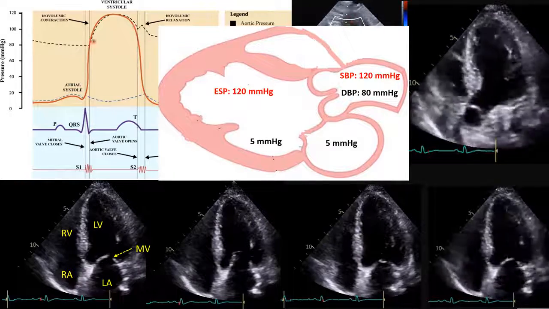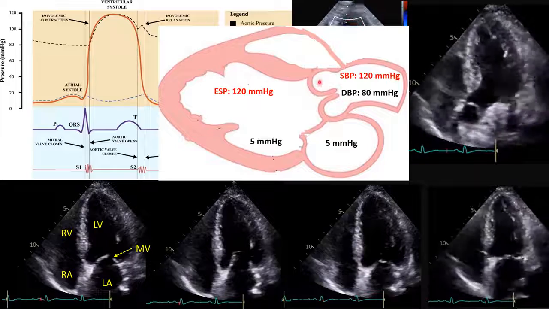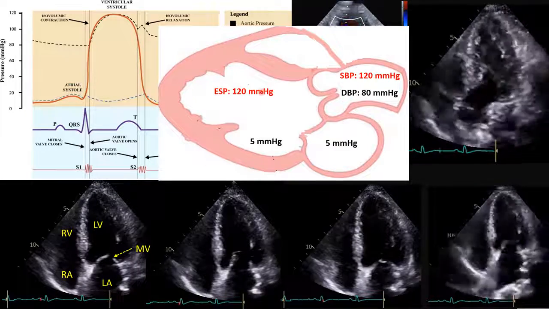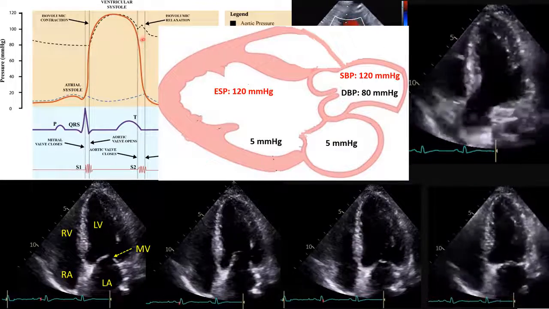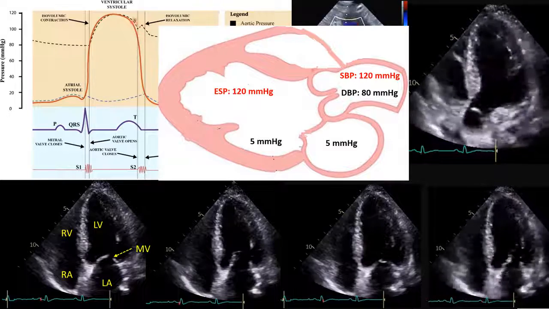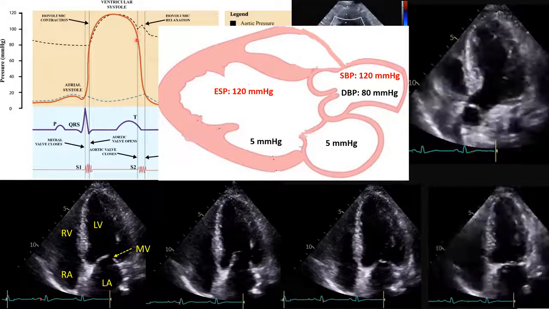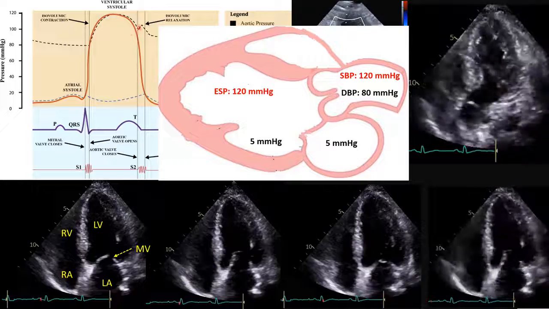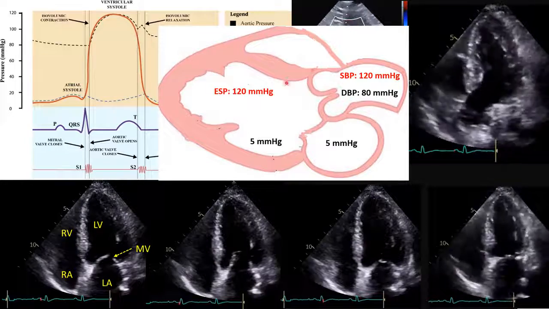When it goes around 100, the aortic valve starts closing, and that creates the second sound of the heart, which corresponds exactly with the closing of the aortic valve.